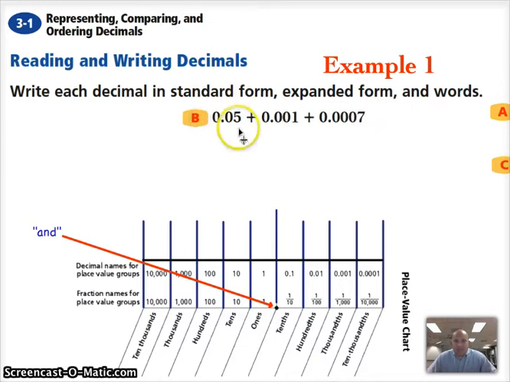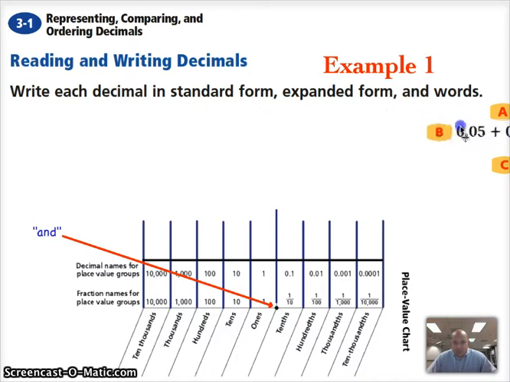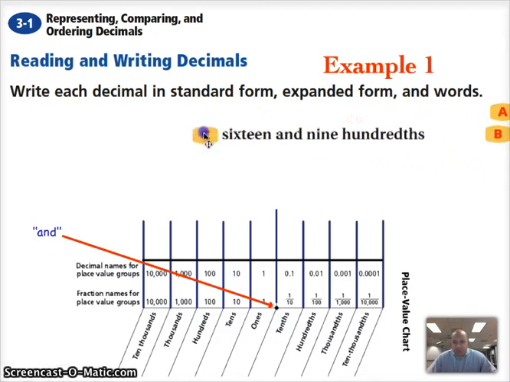Expanded form is when we see the number broken down by place value. Here we have 5 hundredths plus 1 thousandth plus 7 ten-thousandths. It's expanded by place value. And then words, of course, is simply this. We have 16 and 9 hundredths.